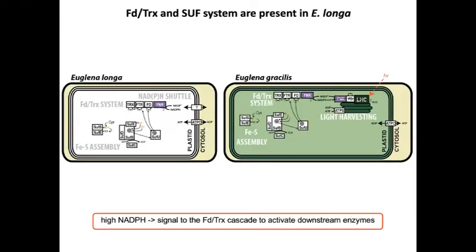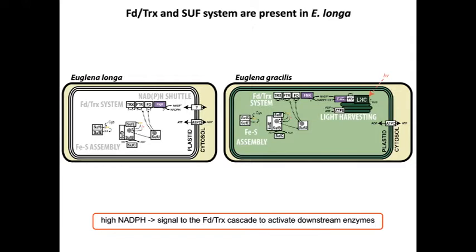So the ferredoxin and thioredoxin redox relay normally functions in line with the photosynthetic apparatus. They sense the level of NADPH in the cell, and when the level is high, they activate downstream enzymes.